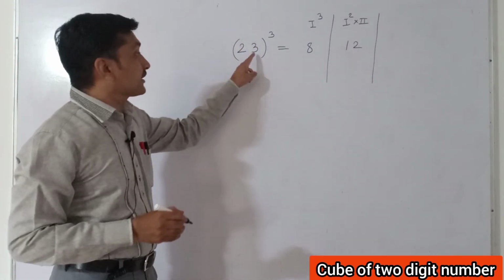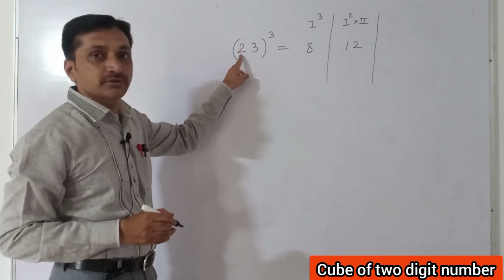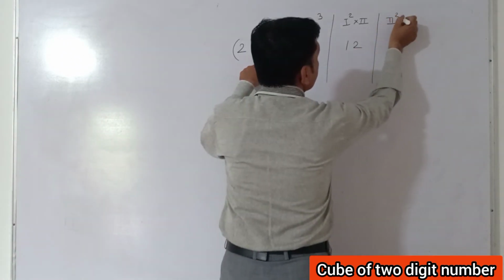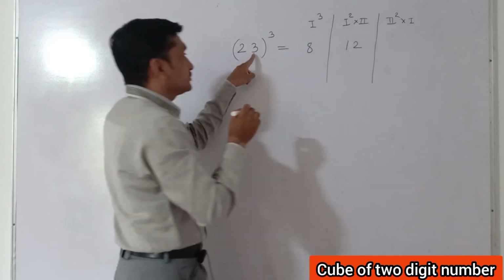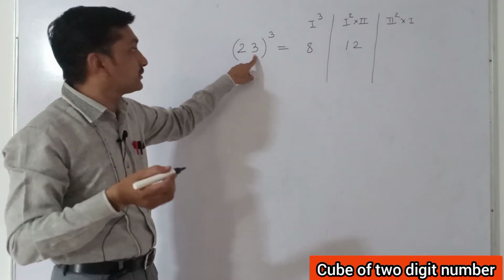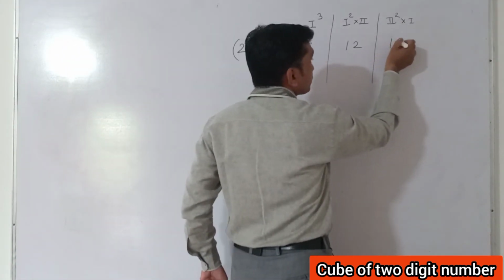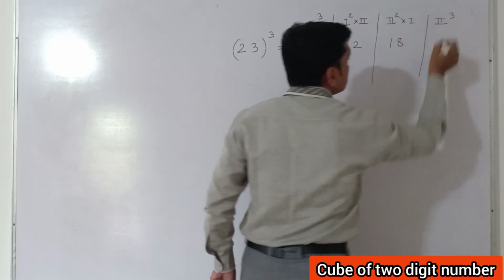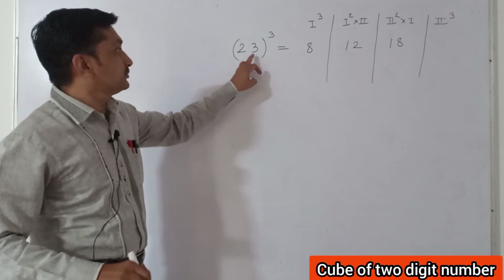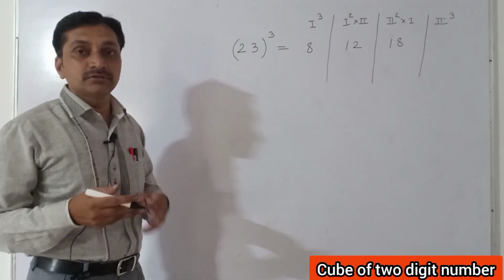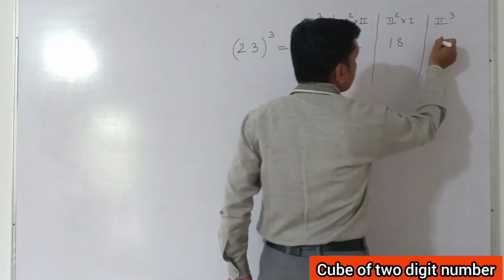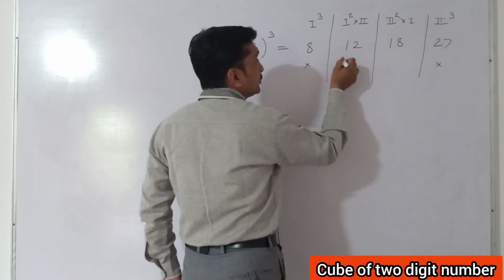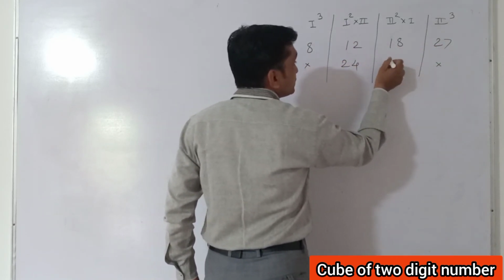After that second square into first number: 3 square, 3 3s are 9, 9 2s are 18. Okay, and at last second number cube, means 3 cube, 3 3s are 9, 9 3s are 27. Now again first number, last number leave it, double of this 24, double of this 36.